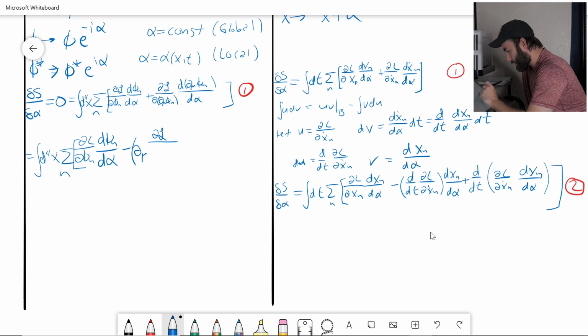Sorry, these should be Lagrangian densities. dL/dx dot, so that's a time derivative, so that's a derivative with respect to d_mu phi, d phi_n d alpha.